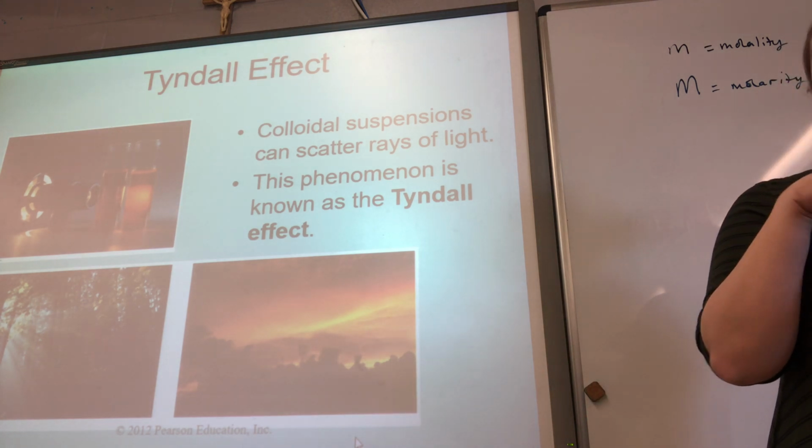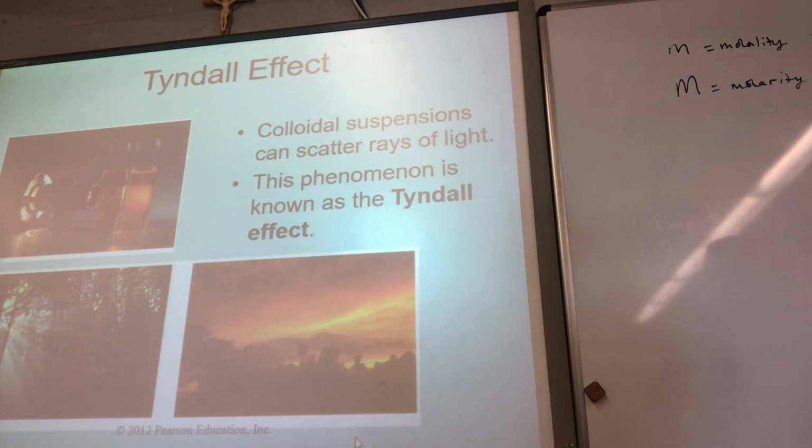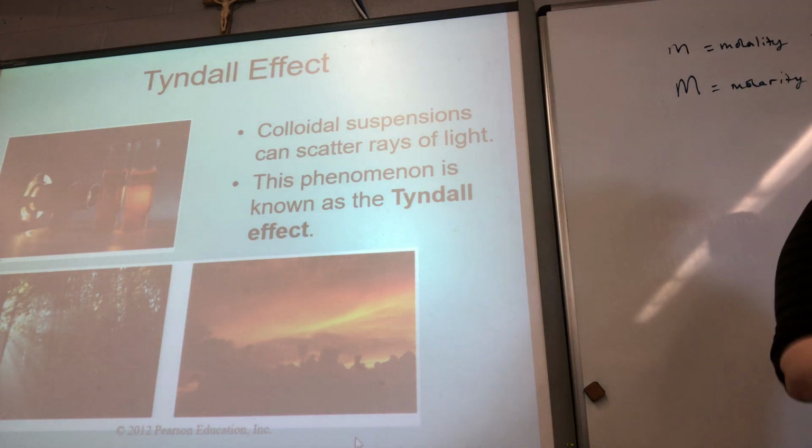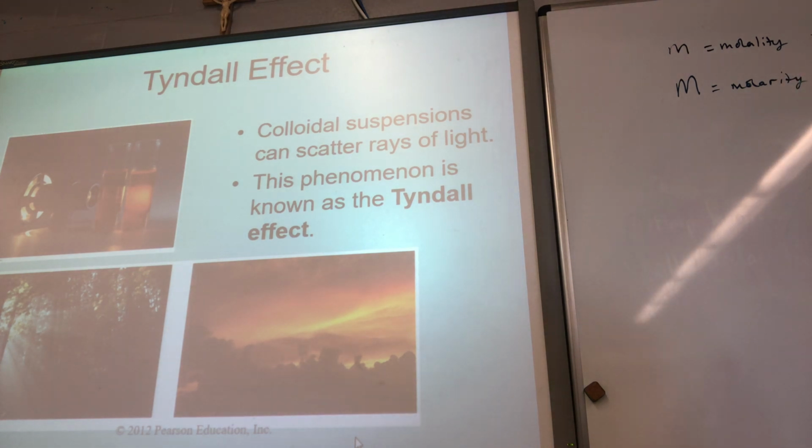When we scatter light, we change the angle at which it enters our atmosphere, and the particles it moves through, like the water particles, cause that light to scatter and change. We see different wavelengths. That's why your sunsets look like all these different colors instead of just one. Nature is beauty. Okay. Questions so far?